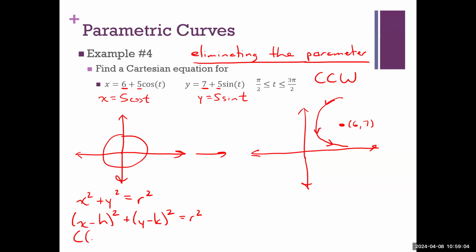This is a circle whose center is at (h, k) and whose radius is r. So if we specify it for our circle, what should all these constants be? X minus 6 squared plus y minus 7 squared equals 25.